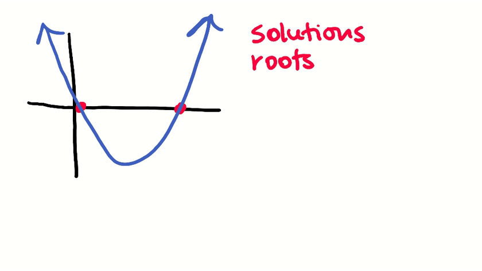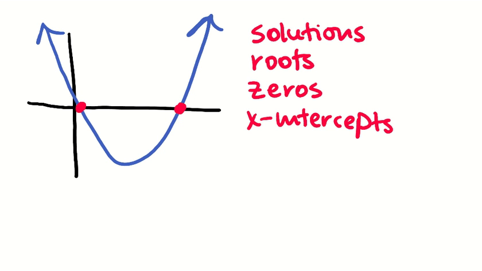I know y'all like to call them zeros because it really kind of speaks to what they are. We could also call them x-intercepts because if you look on the picture of the graph, that's exactly what they are. And so I just wanted to point out that all of those terms mean the same thing, really.